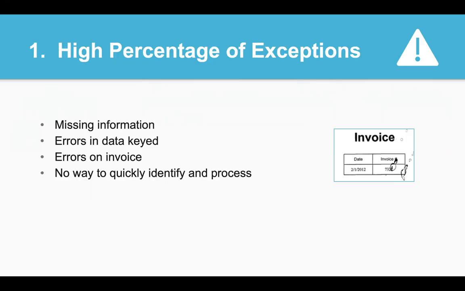Are you familiar with the 1-10-100 rule? It's a total quality management rule that examines the hidden costs of poor quality and discusses prevention, remediation, and failure. If you apply it to inbound document processing and AP processing, essentially it says that if you catch an error before it enters the process, it'll cost you $1 to fix.